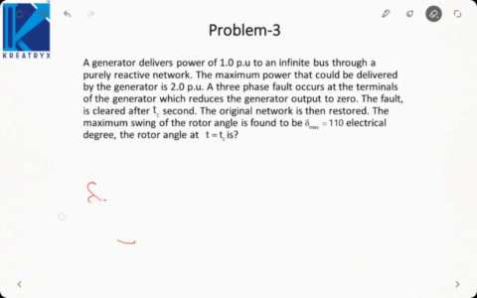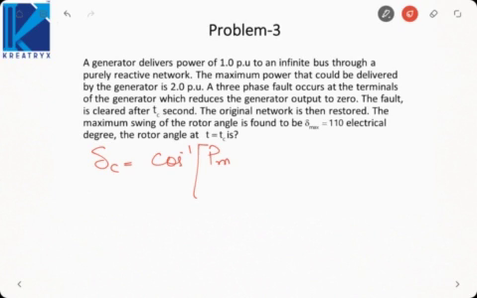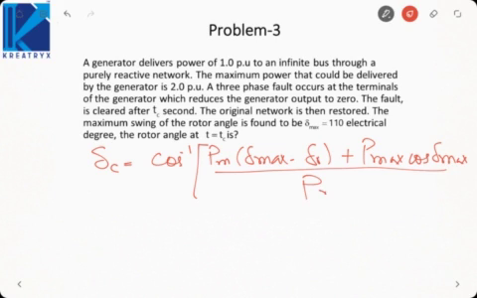The critical clearing angle we were determining like cos inverse of [Pm times (delta max minus delta naught) plus P max cos delta max] over P max. This same formula is applicable here also, just delta max will not be equal to 150.